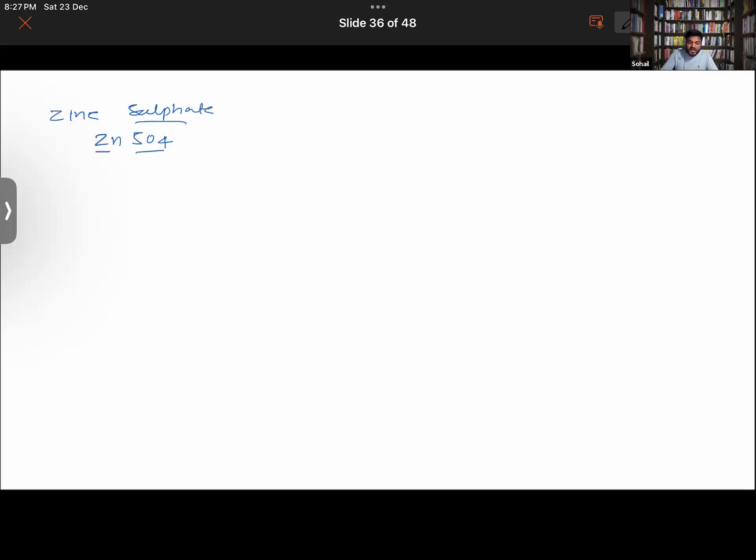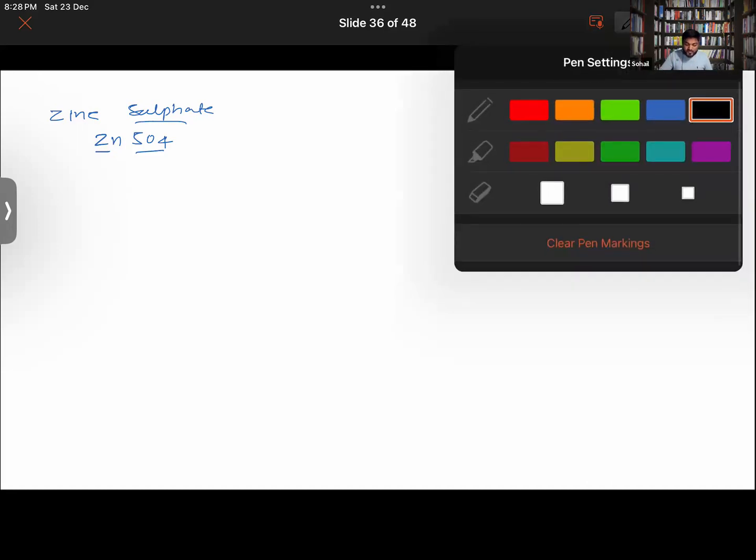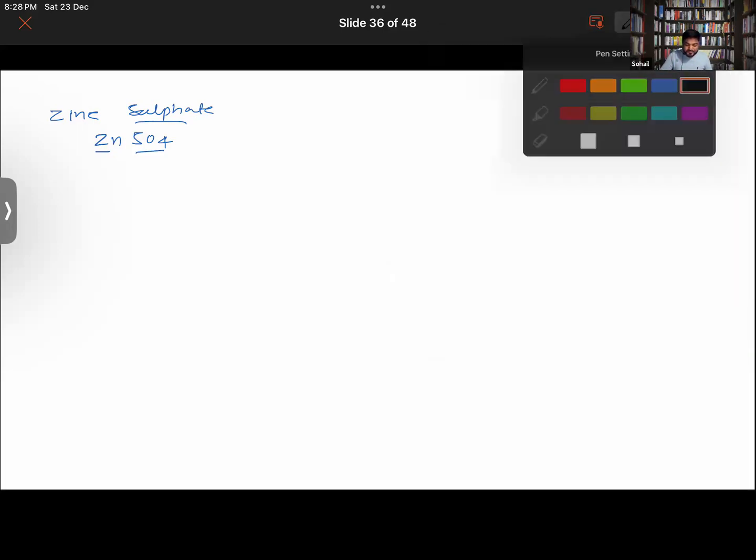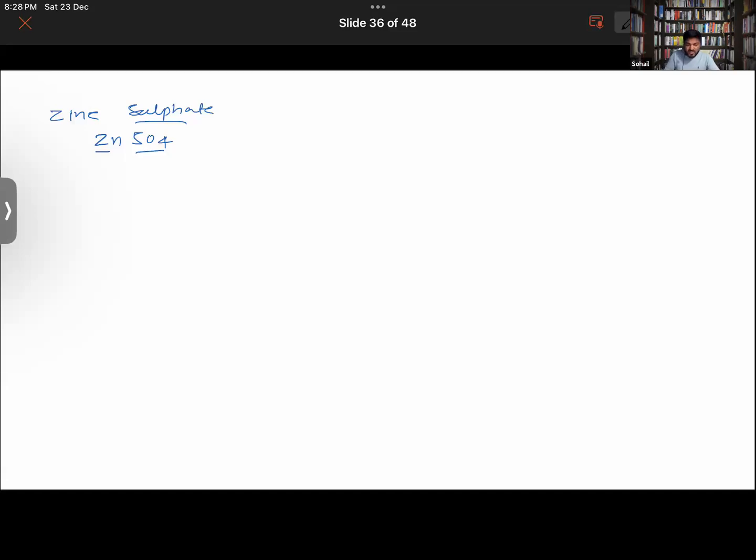For example, iron we call Fe, copper Cu. Like that, all the elements in the periodic table have short forms. Anyways, so we have zinc sulfate.